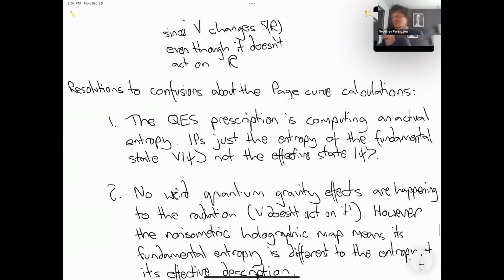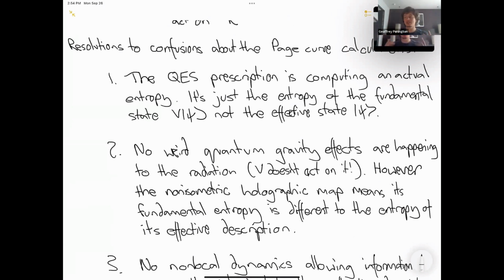But just to be very clear, the QES prescription that gives you the Page curve is really computing an actual entropy. It is the actual fundamental entropy of the Hawking radiation. It's just that we're computing the entropy of the fundamental state, and we're doing that using the entropy of the effective field theory state.